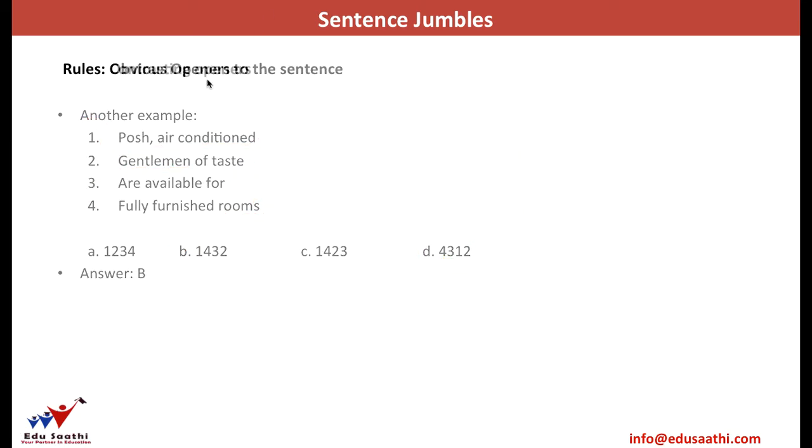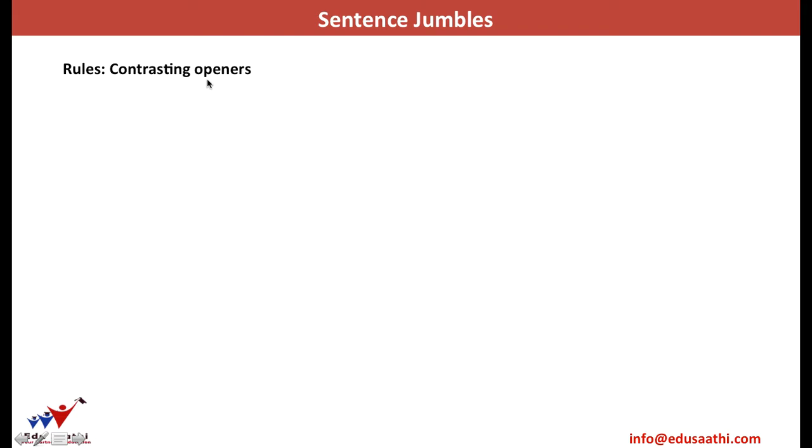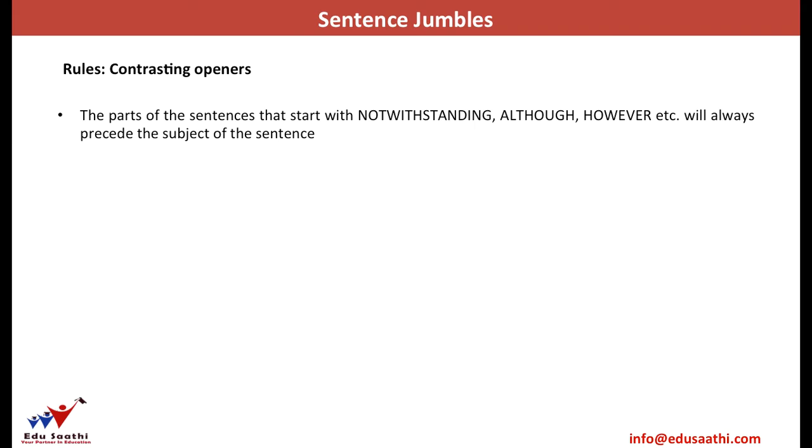Now let's move to the next rule, which is that we may sometimes find contrasting openers in the given sentence. As we said in the sentence "because it was raining, I thought," it had a contrasting opener. Or in the sentence we were talking about in the previous slide, "posh and air conditioned fully furnished rooms," although we may think that "fully furnished rooms" has to start the sentence, it had a very different opening.